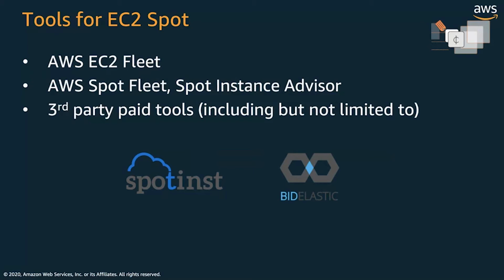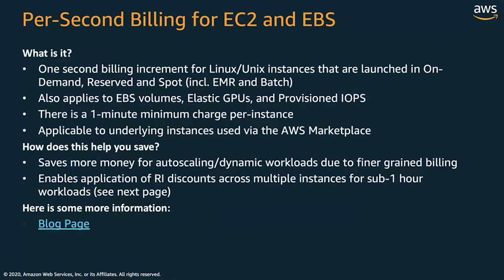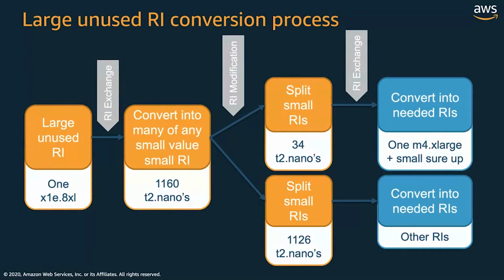And there are tools to control EC2 Spot as well. So there are tools within our ecosystem, and there are third-party tools. Likewise with reserved instances: Cost Explorer, budgets, and then the various third-party tools as well. EC2 and EBS are charged for on a per second basis, so you get good granularity from a billing perspective. I mentioned previously that you're able to convert RIs as well.